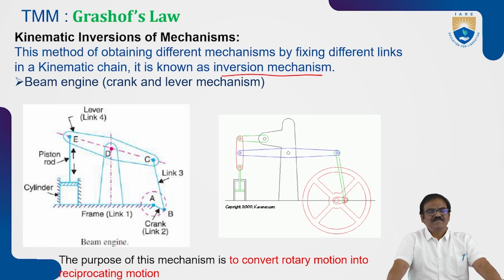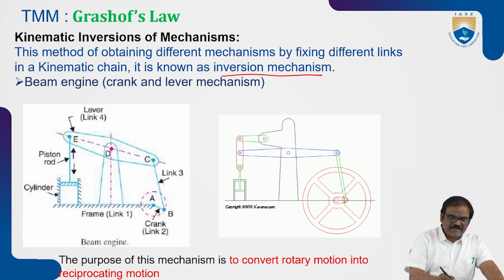Beam engine. We have seen how the crank rocker lever mechanism acts, but a beam engine is an example wherein the crank makes a complete revolution and this is fixed to link 3 and there is a lever. Opposite to this lever, a piston rod is fixed which can move up and down.